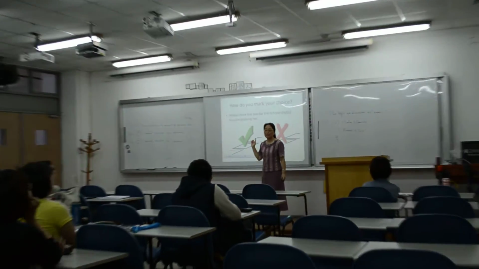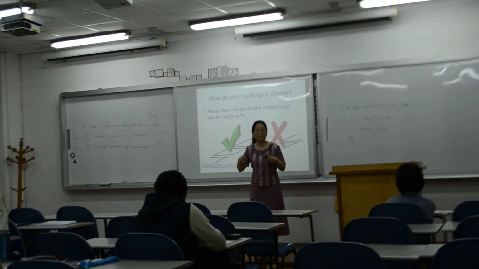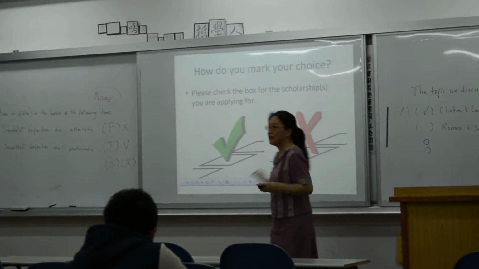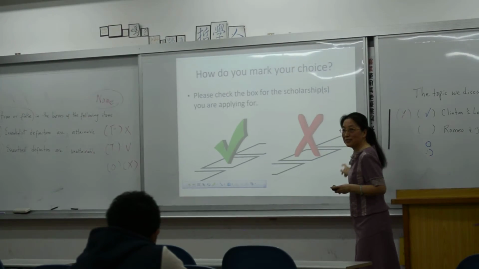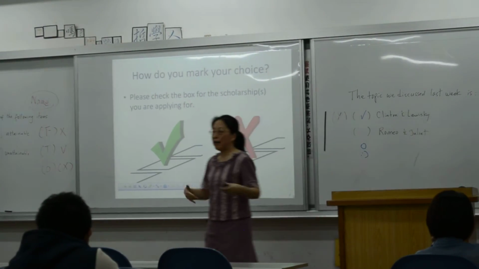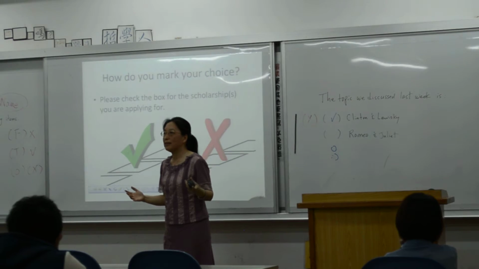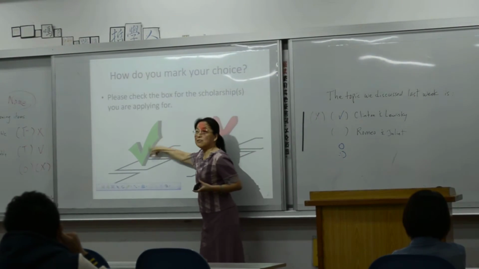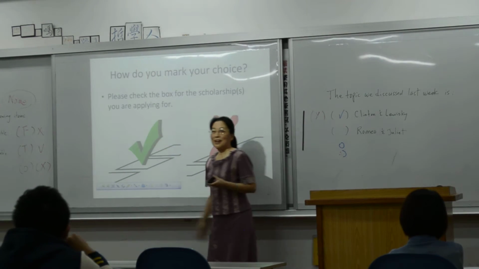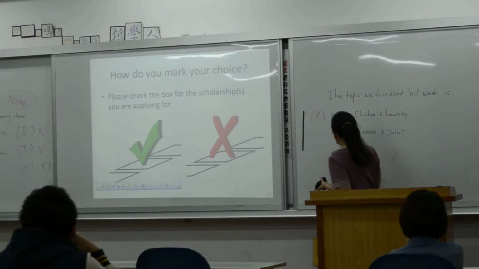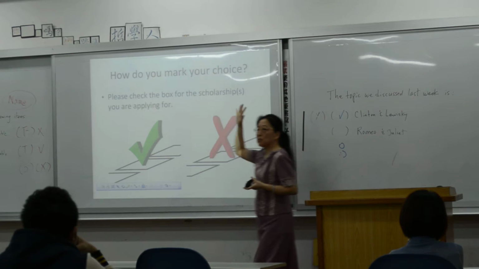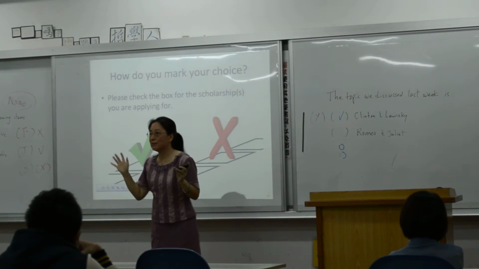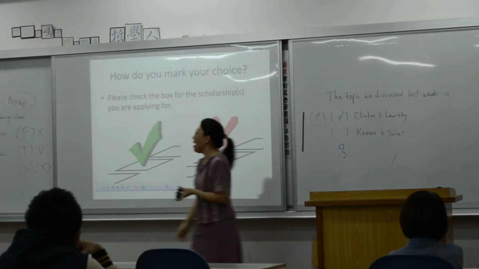I did that because I was in the U.S. for many, many years, and I had picked up their habit of checking their preferences. But now, after I came back to Taiwan, I started to use check. I've changed my habit. Those of you who would put a circle, please raise your hand to indicate that's the scholarship you're applying for. Nobody. All right?